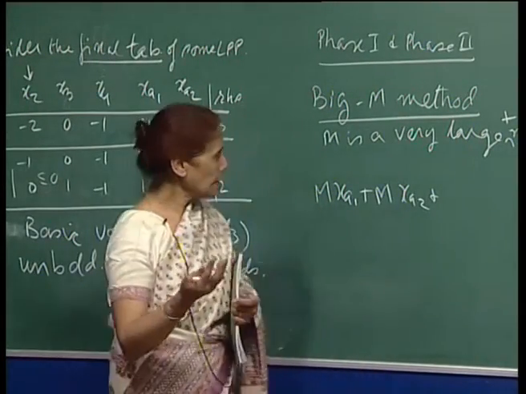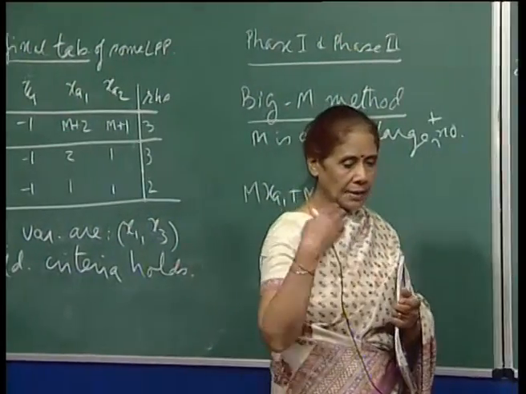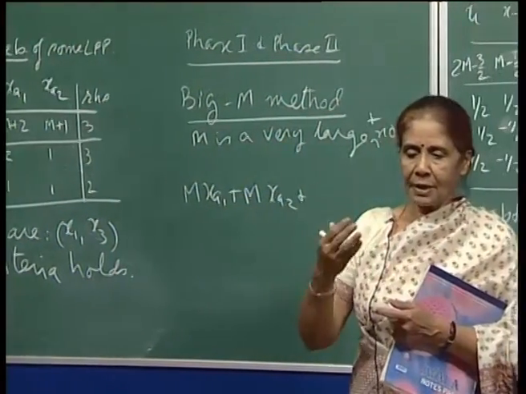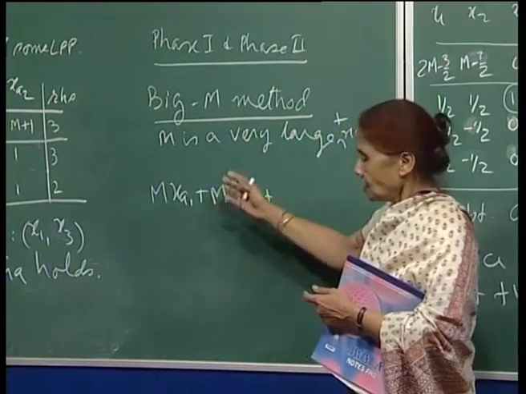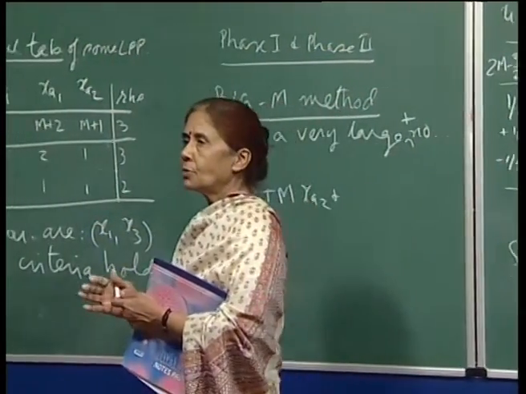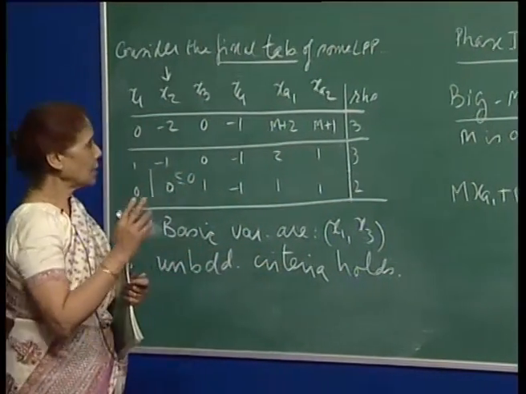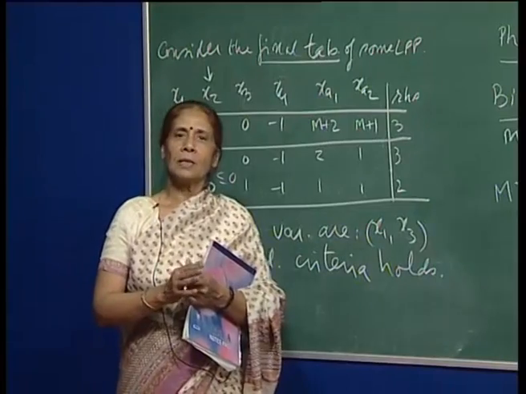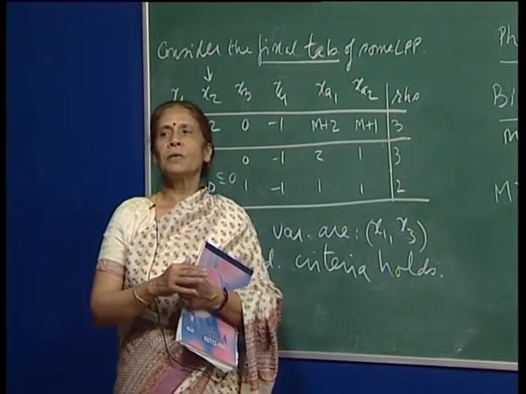You may detect the unboundedness criteria when the artificial variables are in the basis, because the other variables can take very large values and therefore go beyond the M values. So you can encounter unboundedness criteria in the Big M method with artificial variables being in the basis at positive level. In that case, you will conclude that your problem is infeasible.